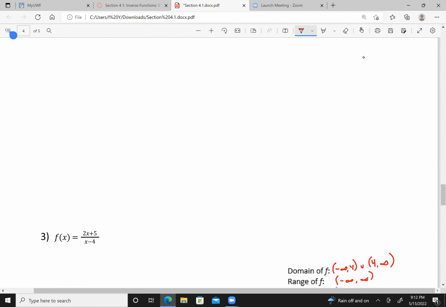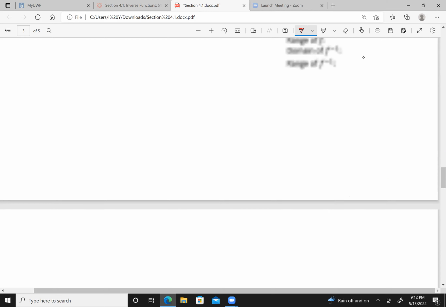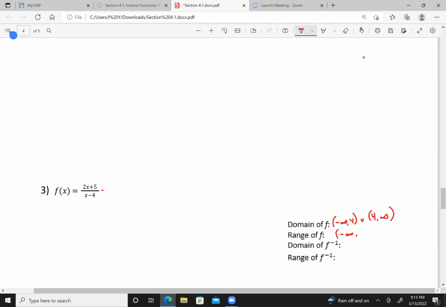Likewise, our range, this will never be 0. Or will it? Yes, it will. This will be 0. That one, the first one won't be 0. This can be 0 if x is negative 2.5. So now swapping them, we have negative infinity to infinity, negative infinity to 4, union with 4 to infinity.